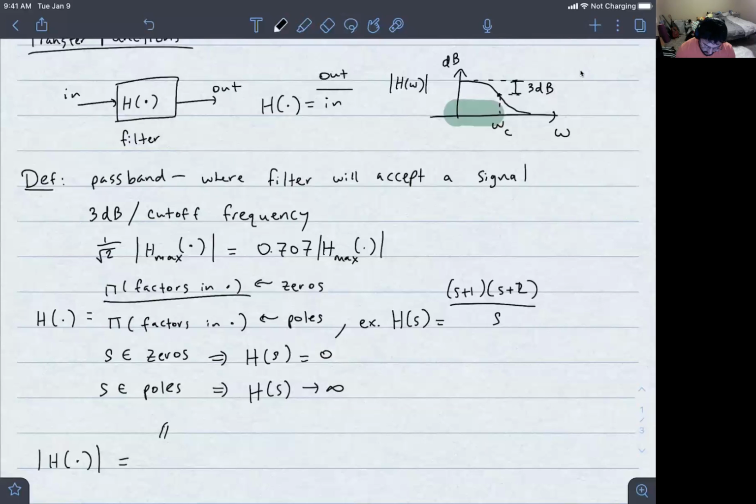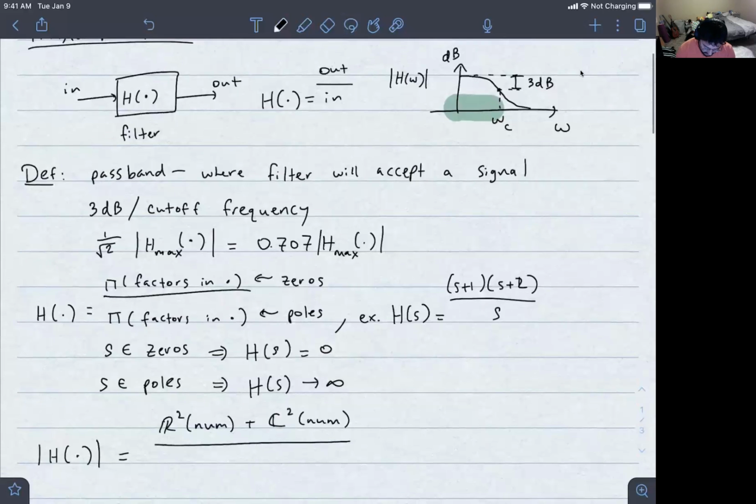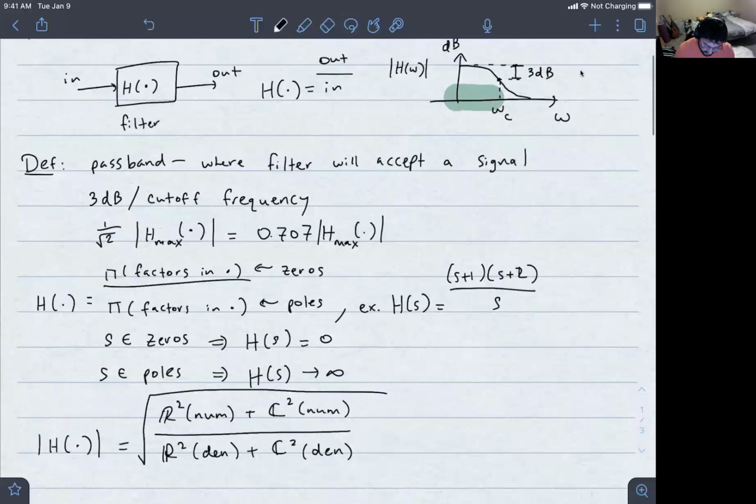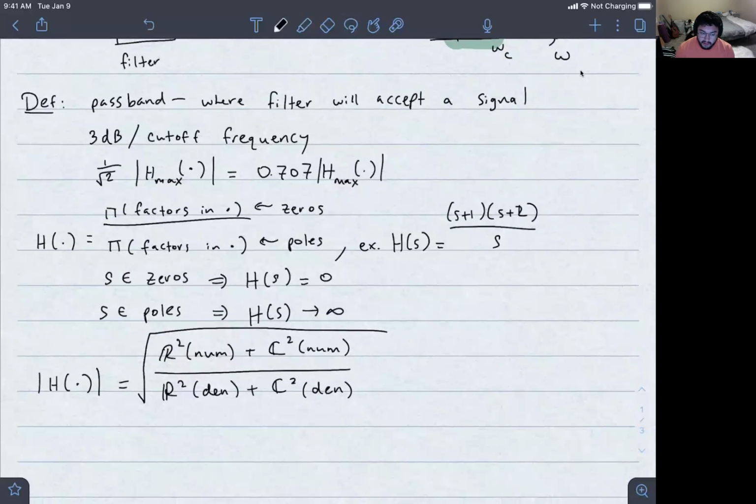So you take the real part of the numerator squared, add the complex part of the numerator squared, divide by the real part of the denominator squared, plus the complex part of the denominator squared, and you take the square root of that. And that's just how the magnitude is defined.